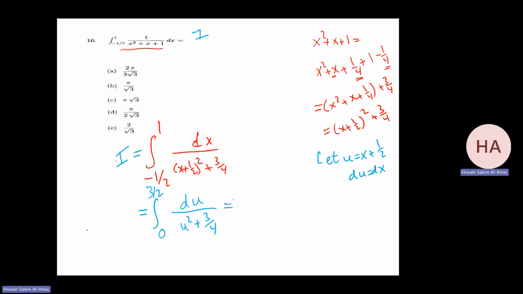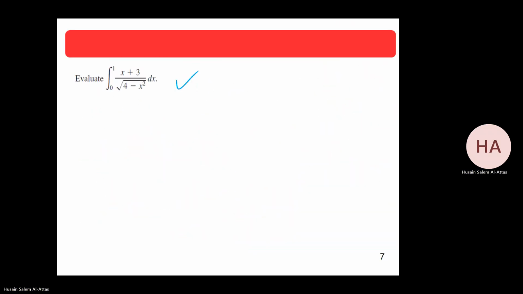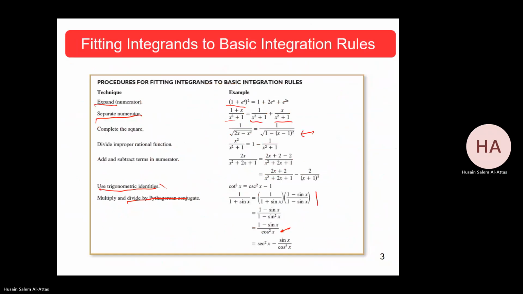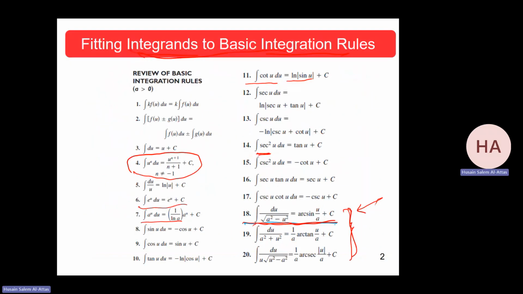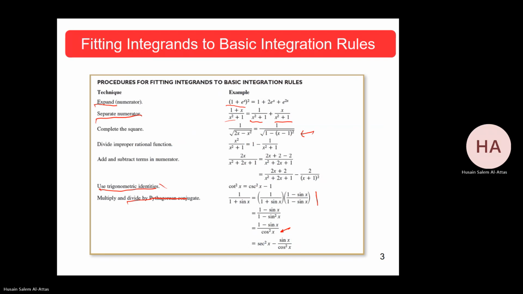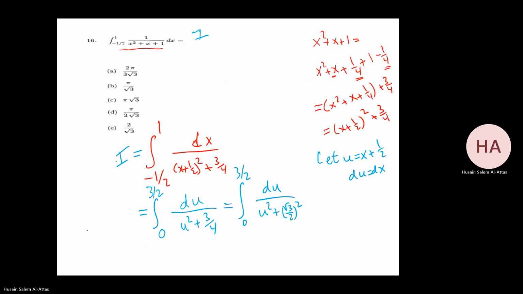Or I can rewrite it from 0 to 3 over 2 of du over u squared plus square root of 3 over 2, all squared. What is this? This is similar to this one, with a square root of 3 over 2. So it's ready now, I make it go with the same format.